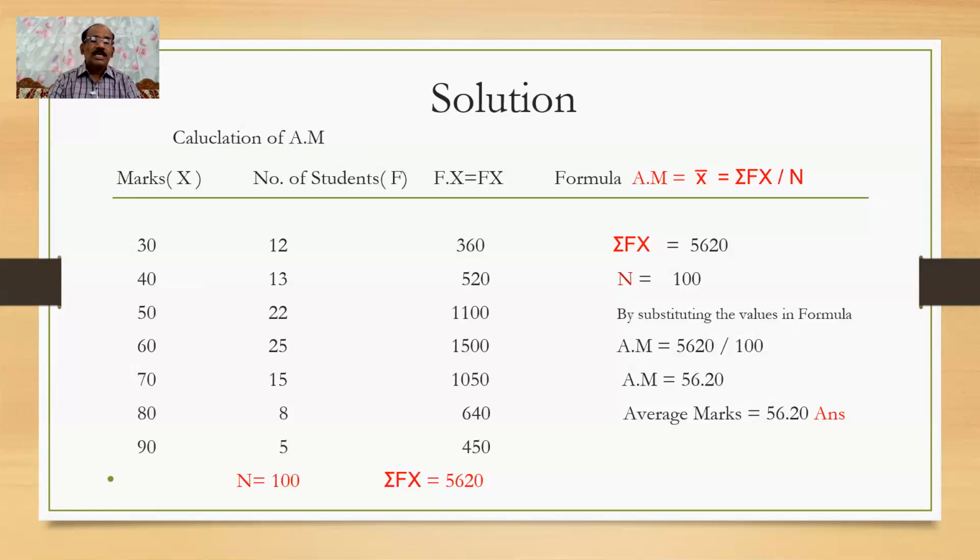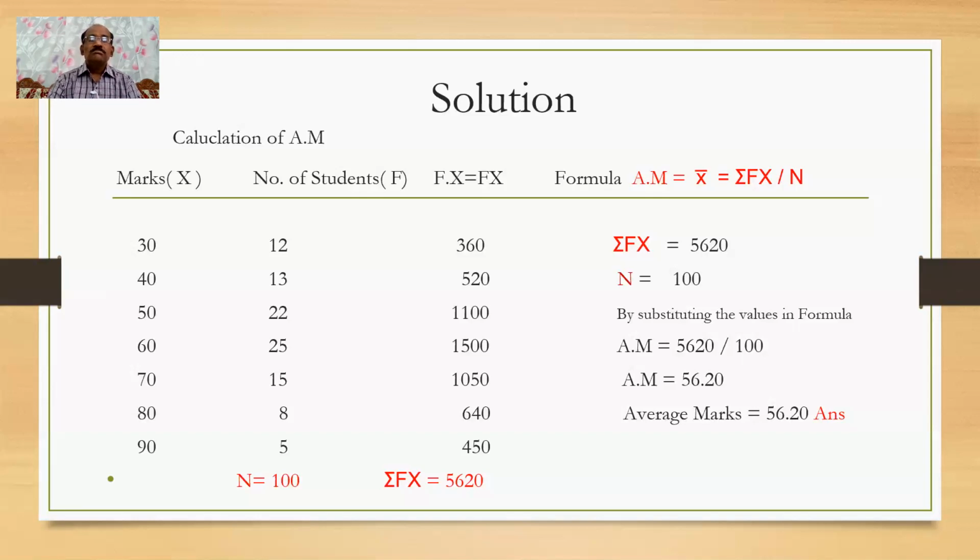Next and last row, 5 students got 90 marks. That means 90 into 5 is equal to 450. These 360, 520, 1100, 1500, 1050, 640 and 450 are the products of fx.